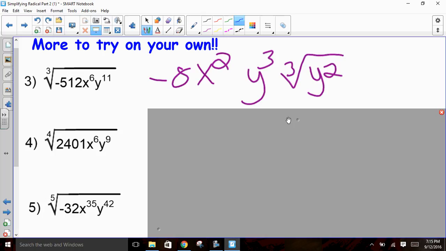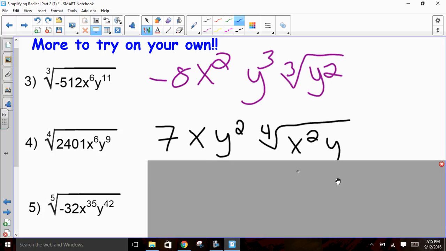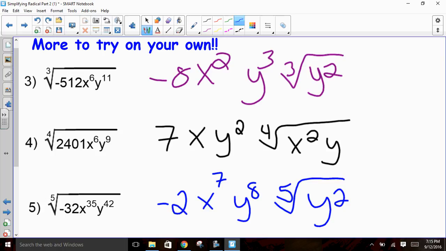All right, the 4th root of 2401 x to the 6th y to the 9th is 7xy squared times the 4th root of x squared y. And lastly, the 5th root of negative 32 x to the 35 y to the 42nd is negative 2 x to the 7th y to the 8th times the 5th root of y squared.